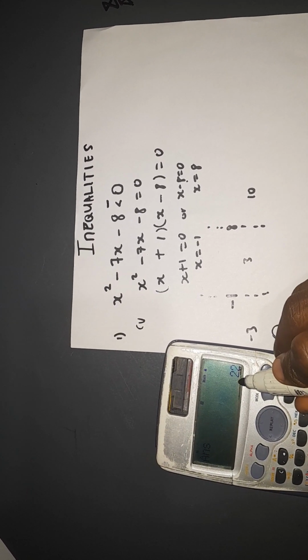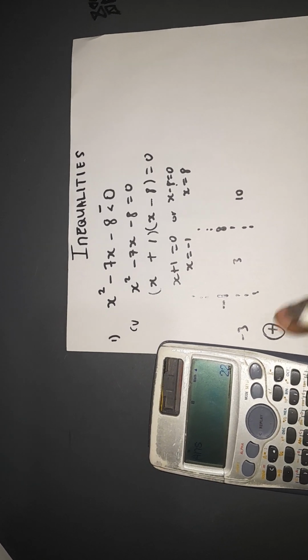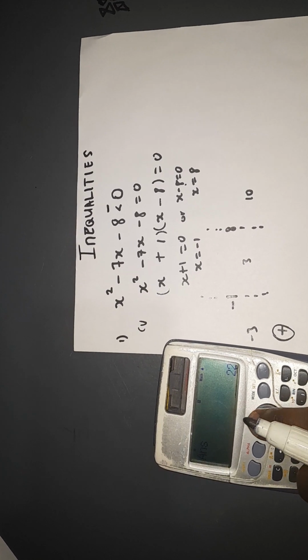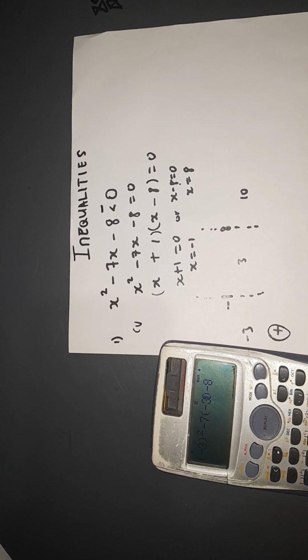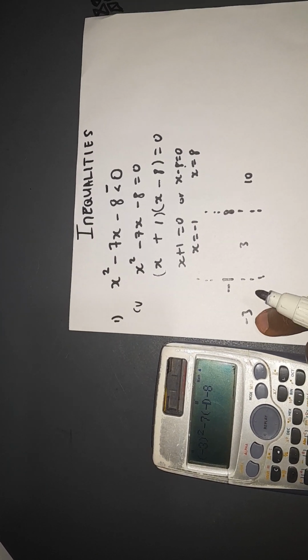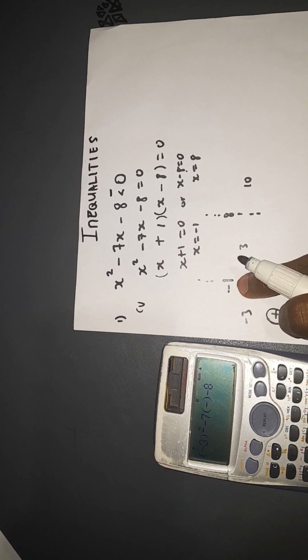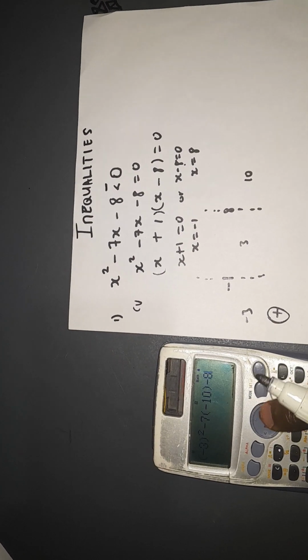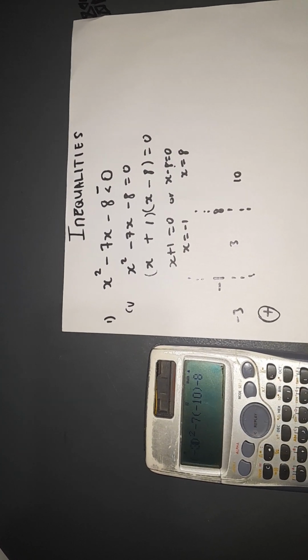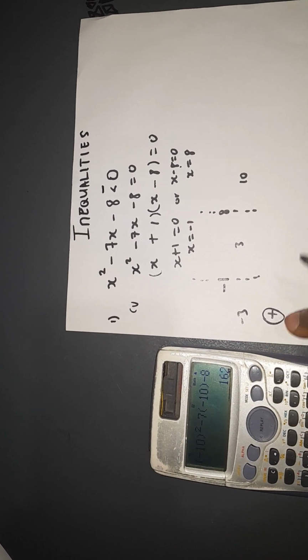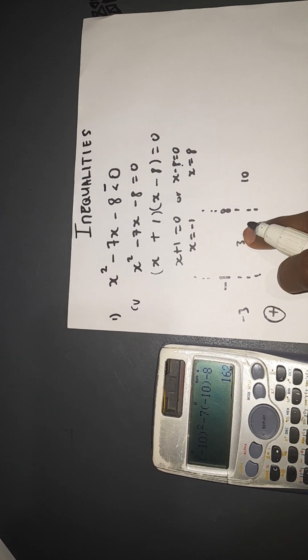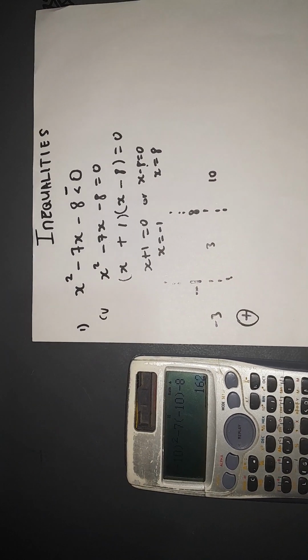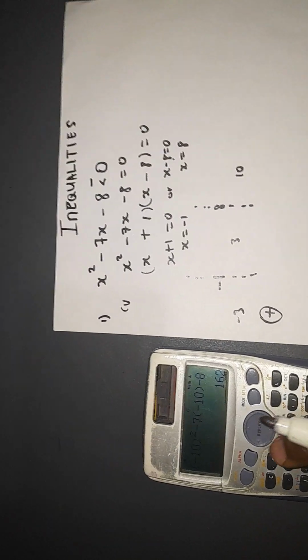You can see that it is a positive 22. Even if we try any other number, as long as it is before -1, let's say -10, it will still give us a positive number, you can see. So now let's see in between -1 and 8.